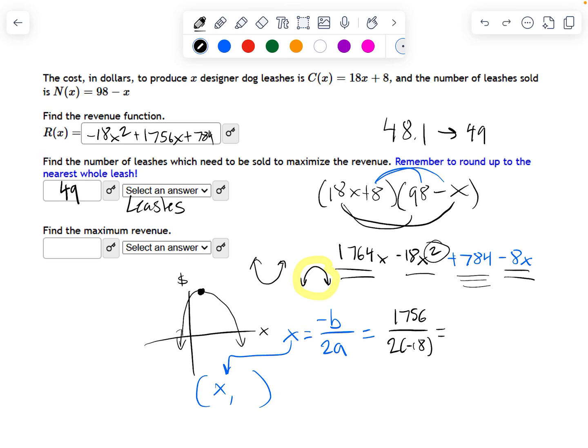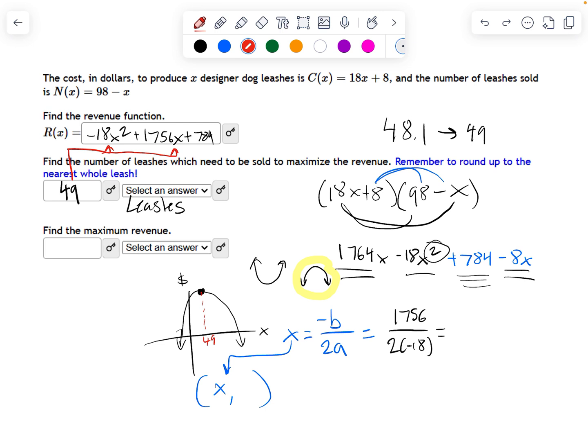So if you plug in the x, you find the y. And we just happen to know the x value is 49, which means that that's how we're going to find our y value. You're not going to put the 48.7 in here because you need 49 leashes, right? You can't make 0.1 or 0.9 or 0.7 of a leash. You need a whole leash. So we're going to put 49 in.